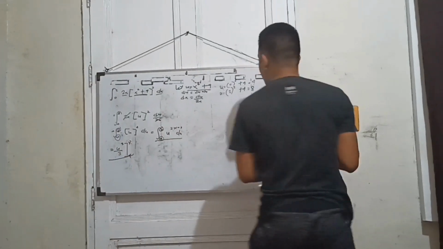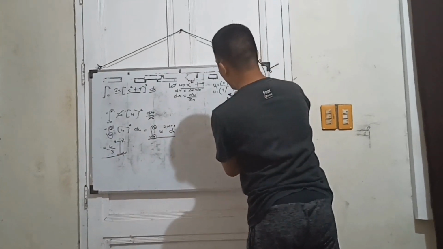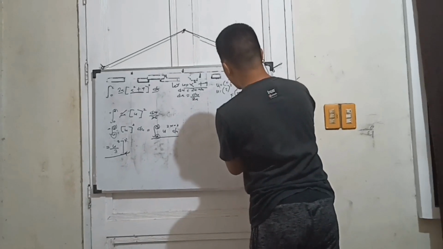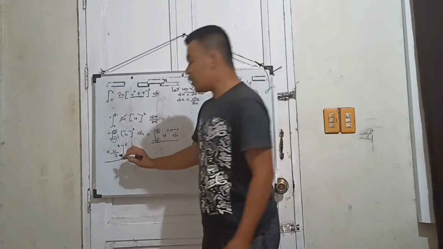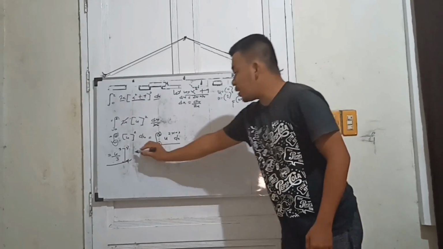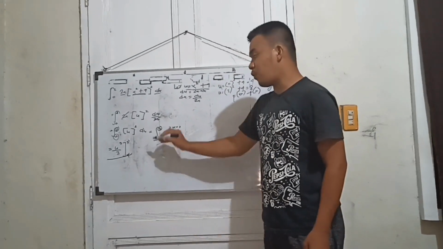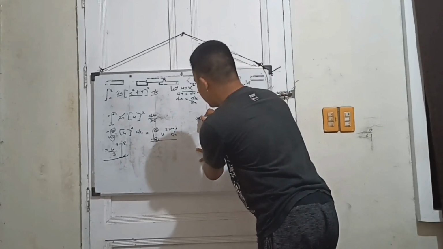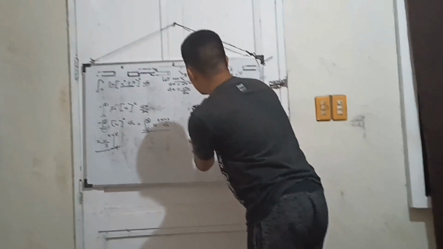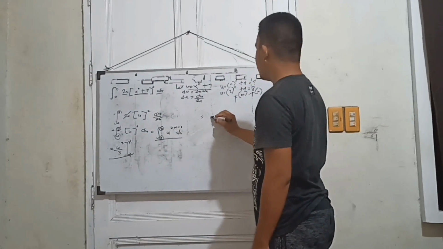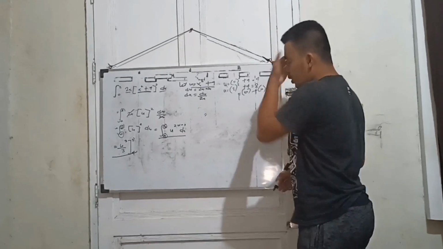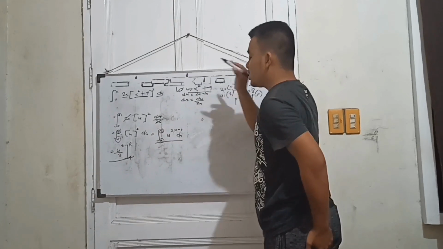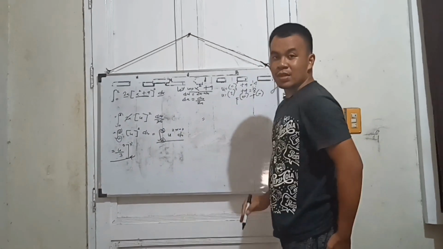So proceed to solving using the formula f of b minus f of a. The value of our f of b is 8 and the value of our f of a is 4. Since the value of our u now is our new limits, we will substitute into our limits.